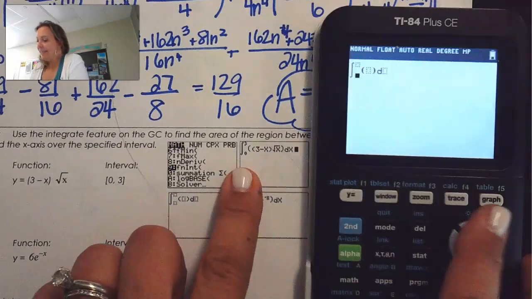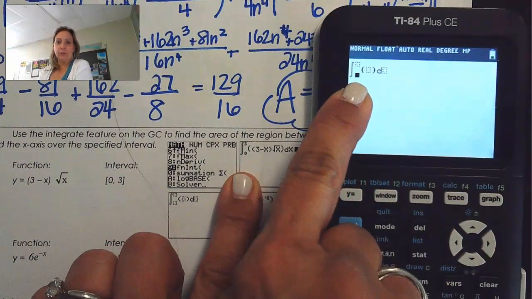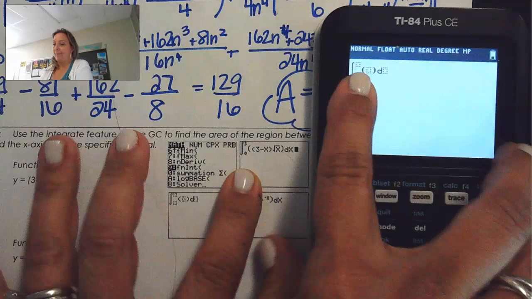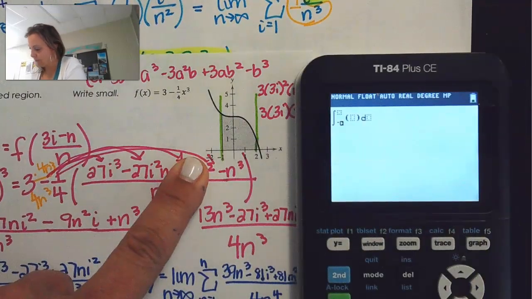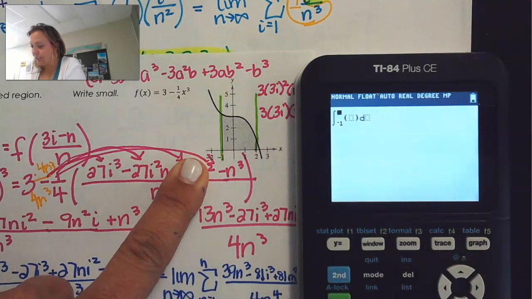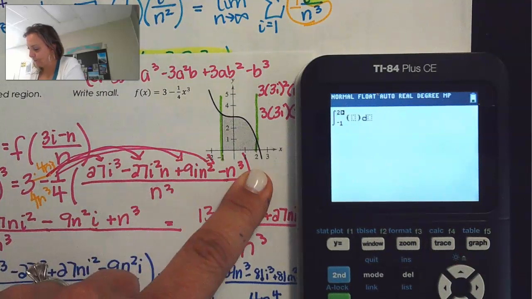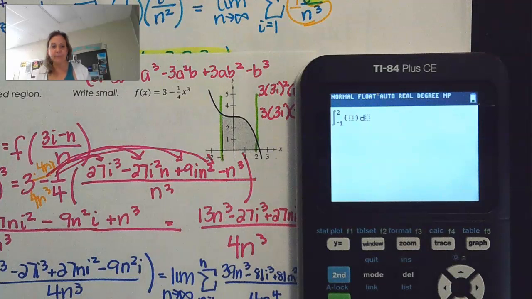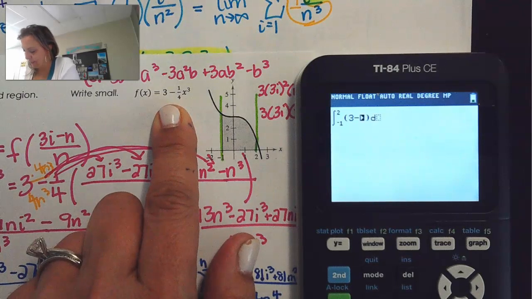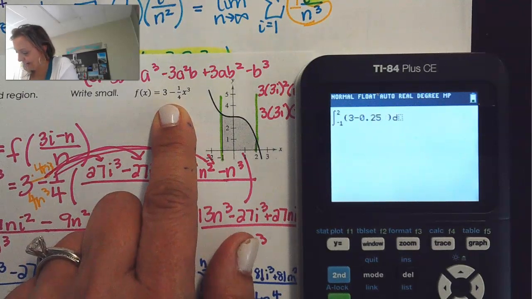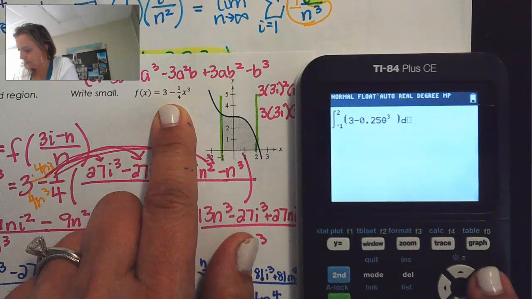This number down here is where you start. This is where you stop. So we're starting at -1 and we're stopping at 2. And then we're going to put our rule in. Our rule is 3 minus 0.25x cubed.